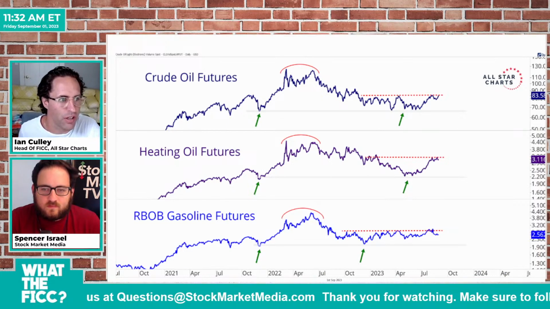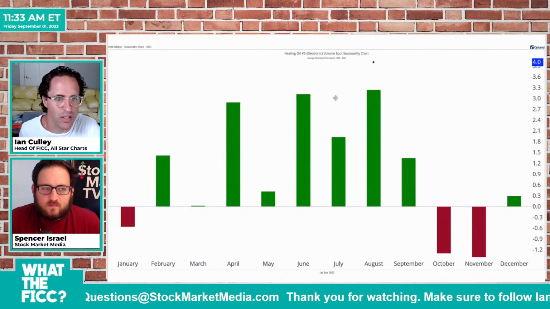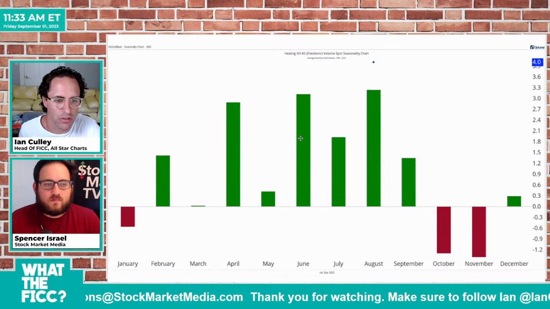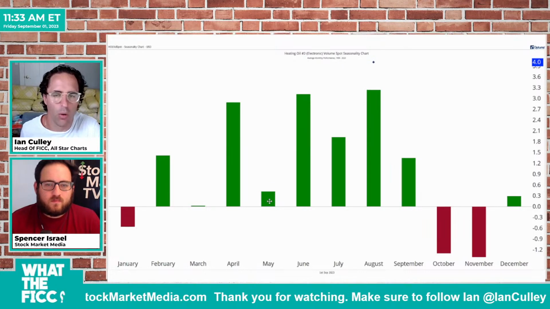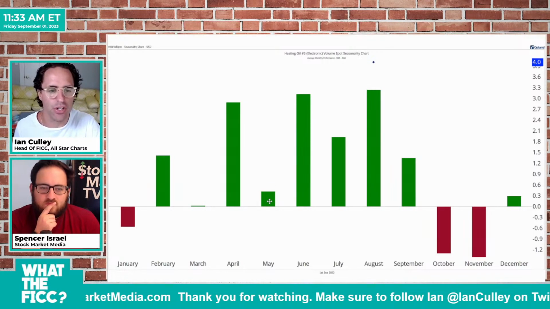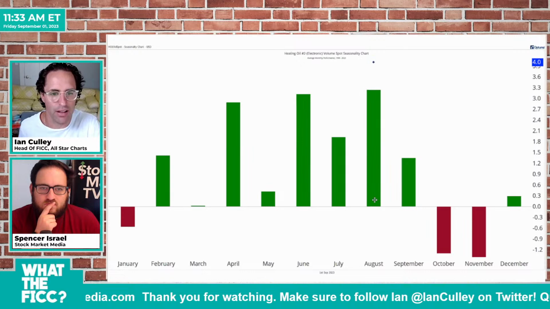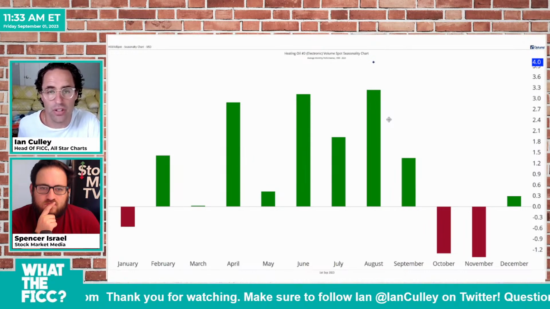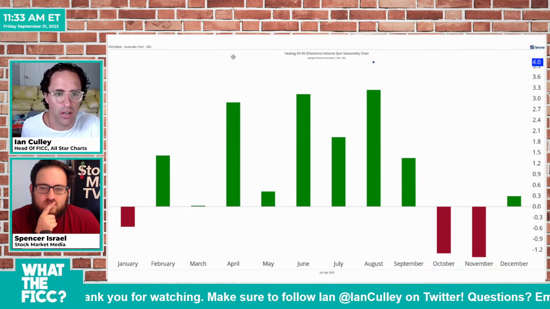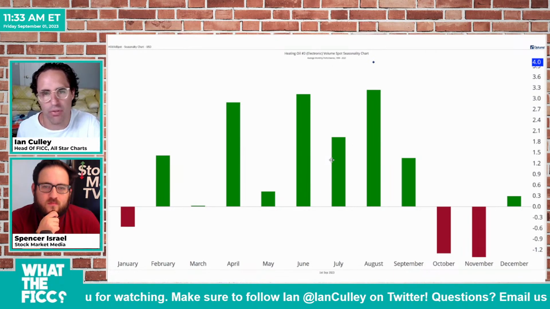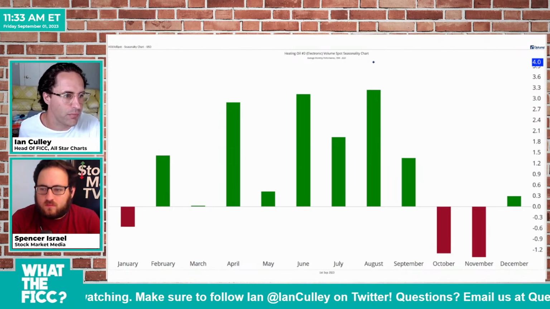So what's interesting is when we look at the seasonality chart, heating oil bottoming in May of this year and then starting to rally kind of fits with its seasonal tendencies. Now, this is data going over roughly the last 30 years.